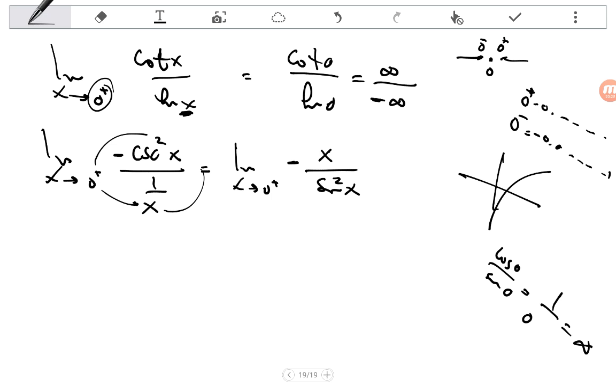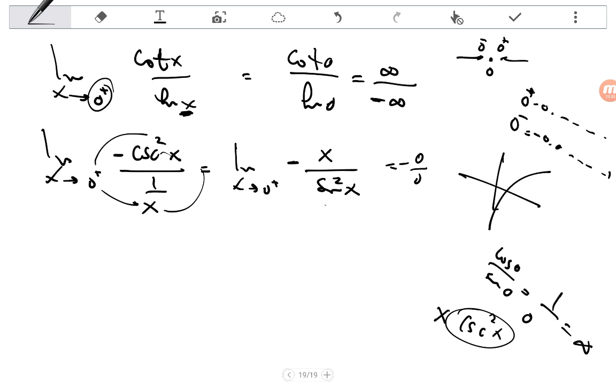Do you understand? Do you grasp what I'm saying? At first, take this x to be above, it will be x cosec squared x. But I need the expression to be a fraction, something over something, to apply L'Hopital's rule again. So I will take this cosec squared to be 1 over sine squared. Okay, so this is the new expression. Now I put x equals 0, it will be 0 over 0 again.